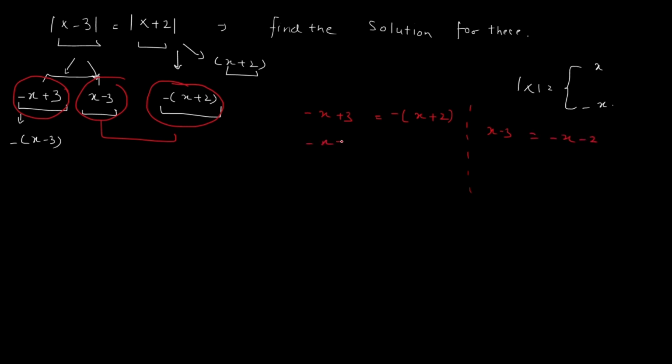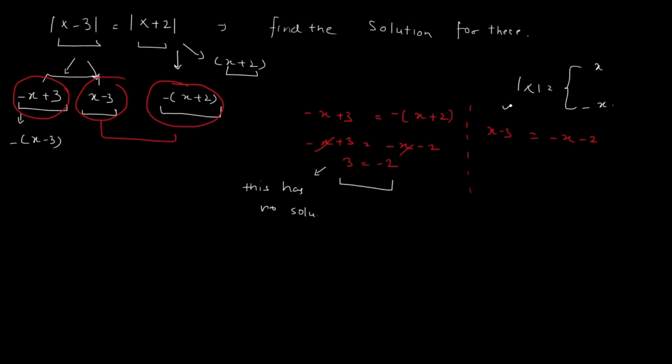Here minus x is common on both sides, so it gets cancelled. This gives us 3 equals 2. And we know this is never possible, so this has no solution.